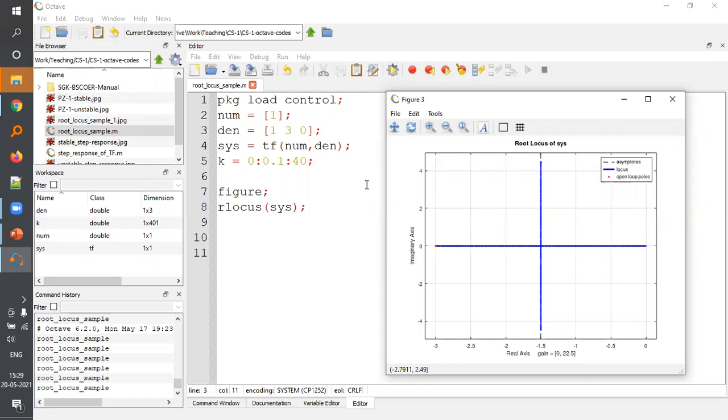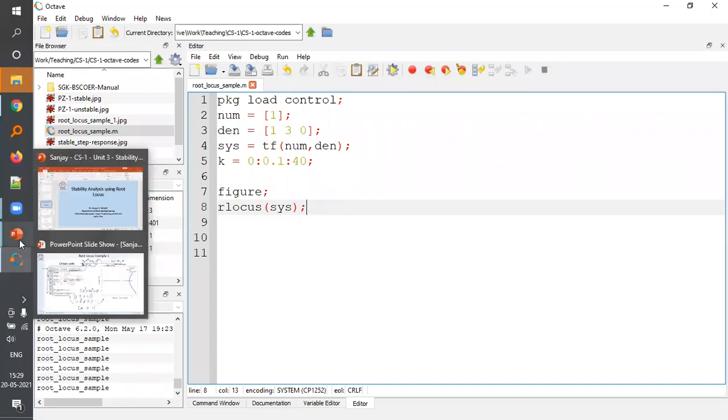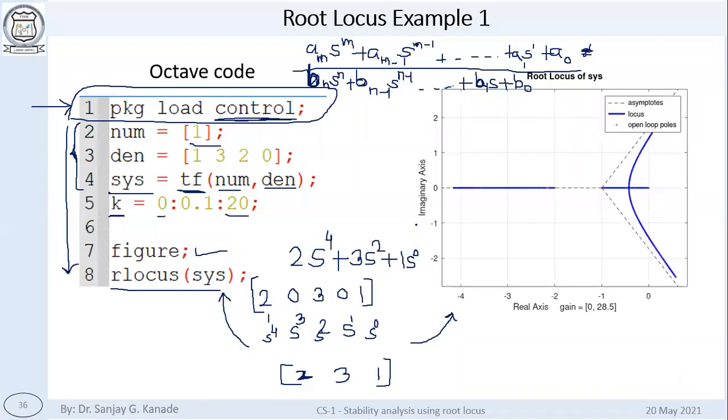Okay, so now you have this program with you. I have told you what software I have used for plotting and analyzing this. I now suggest that whoever is able to, you install the software Octave.